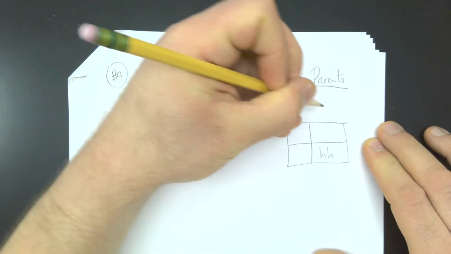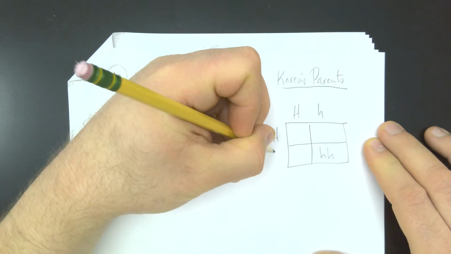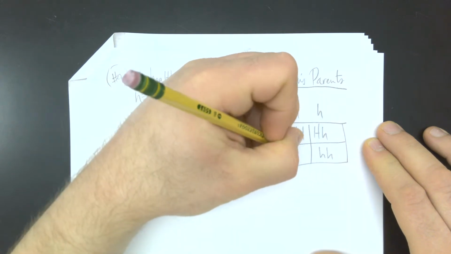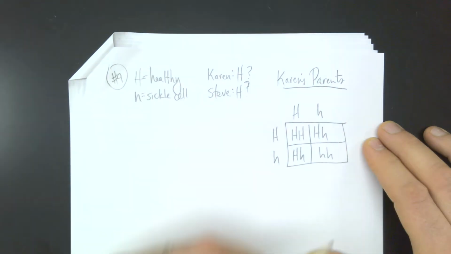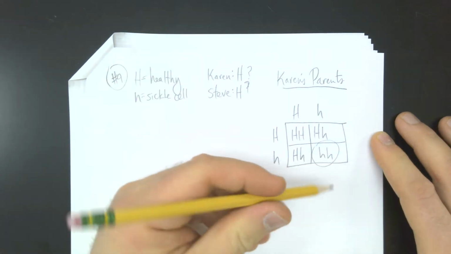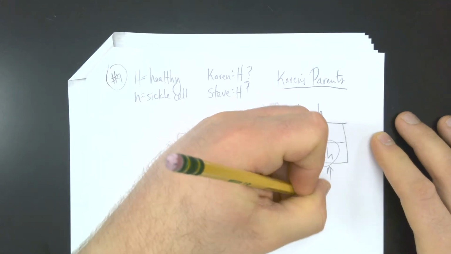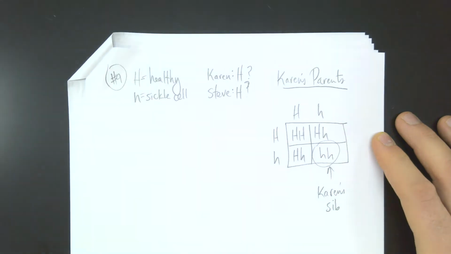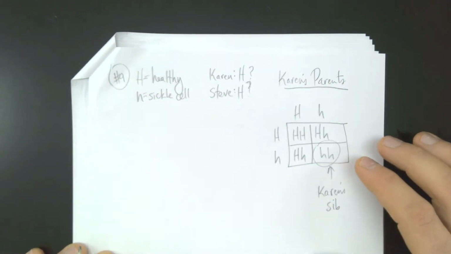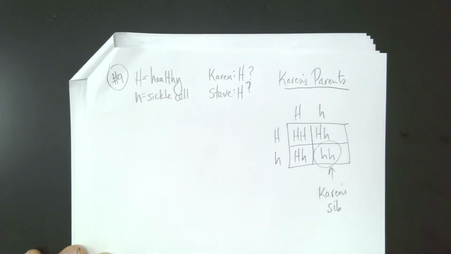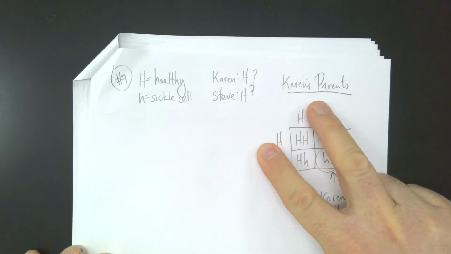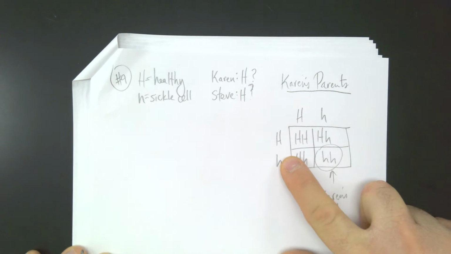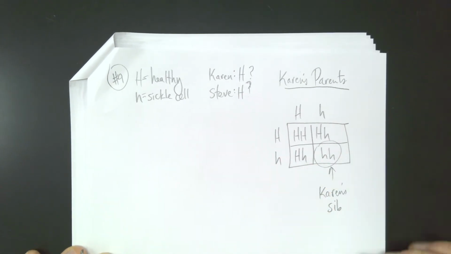So what that suggests to us is that Karen's parents were both heterozygous. So again, one of Karen's siblings had it. So here is Karen's sibling. But we know that Karen doesn't have the disease. So Karen's parents don't have the disease, but Karen has a sibling that has the disease. So that suggests the parents are both heterozygous, and here's that sibling.